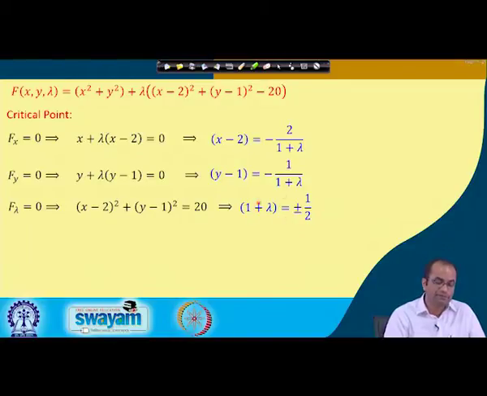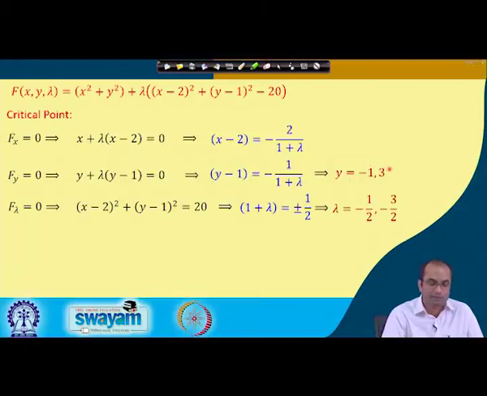Once we have the lambda here, we can get x and then corresponding y from this first and the second equations. So, from here we get lambda as minus half and minus 3 by 2. These are the possibilities which will finally satisfy this equation. When lambda is minus half, we will get y minus 1 equal to minus 1 and when lambda is minus 3 by 2, we will get 3, and from the first equation we will get x minus 2 as minus 2 and 6.